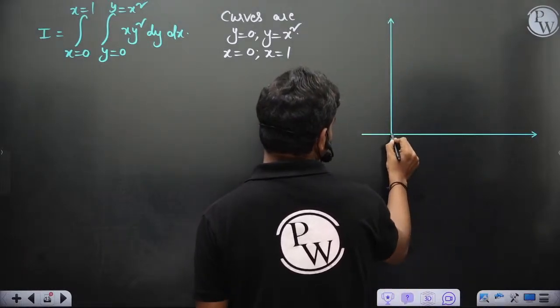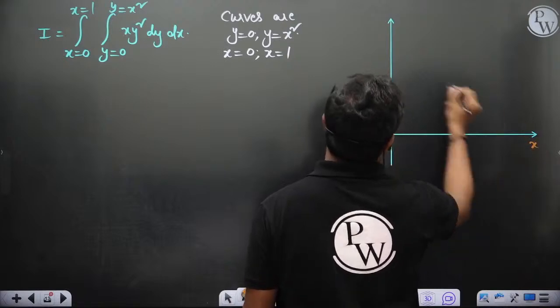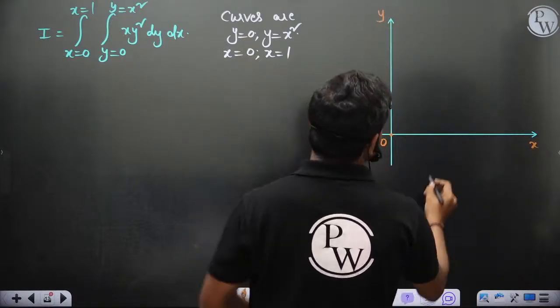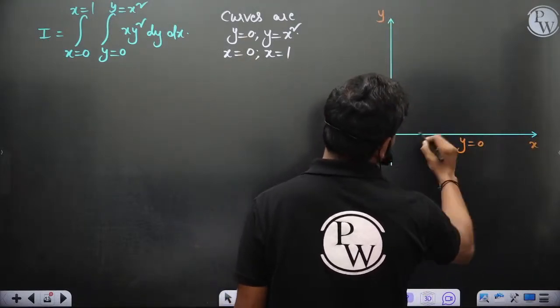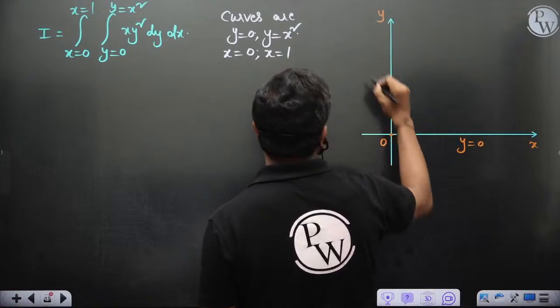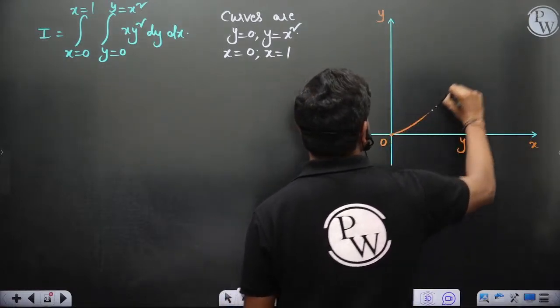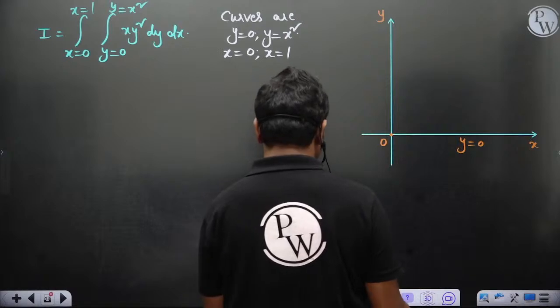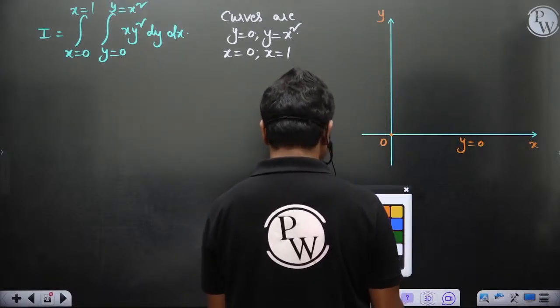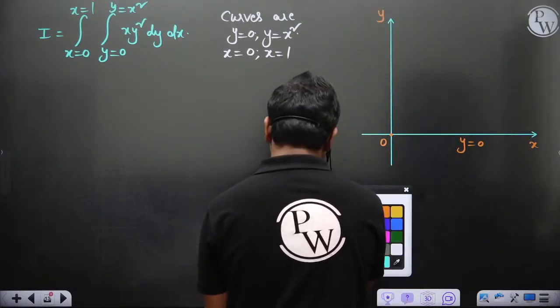Let's plot the curves and identify what we have. Origin, x, y. The first curve y equal to 0 is the x axis. Then y equal to x square is a parabola, something like this.